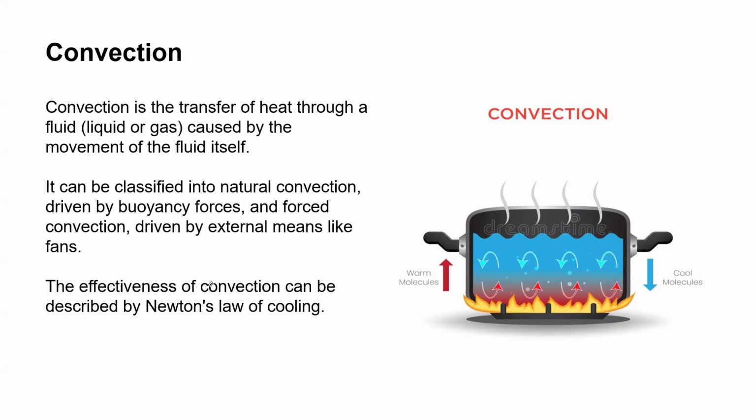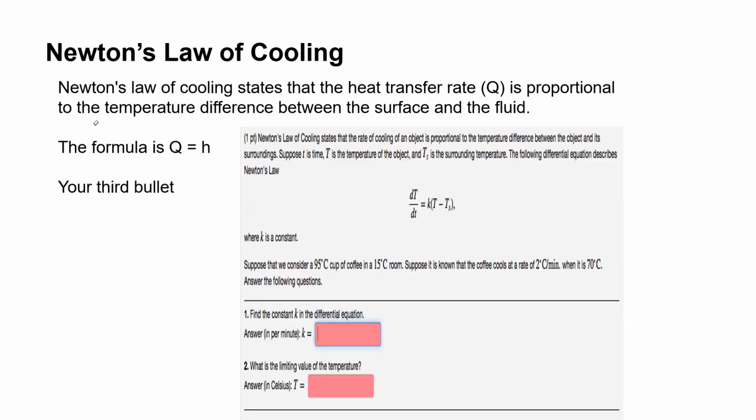So the effectiveness of convection can be described by Newton's law of cooling. According to Newton's law of cooling, the heat transfer rate, that is Q, is proportional to the temperature difference between the surface and the fluid. So the heat transfer rate, which is Q here, is directly proportional to the temperature difference, that is the change in temperature.